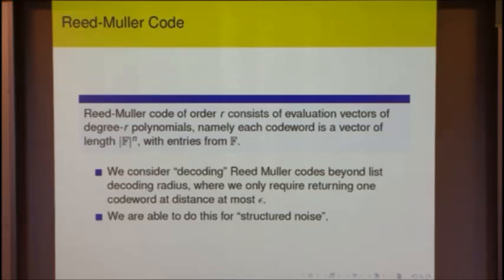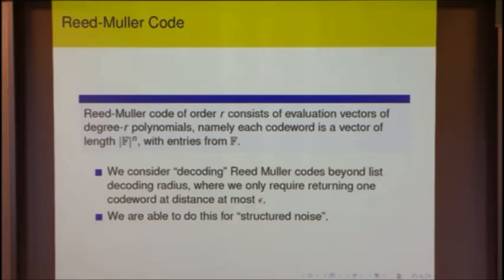So what does this mean? We have some string, and suppose we know that we have a bound on the distance between your given string and the Reed-Muller code. This distance may be quite large.